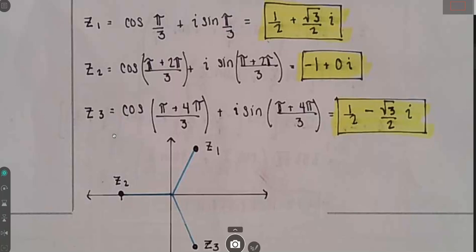So in here, this is the formula you started with.